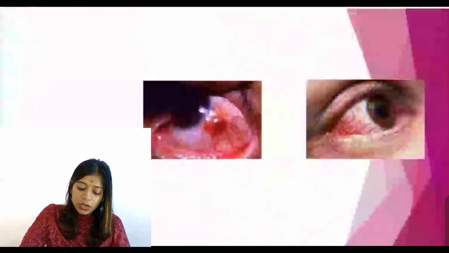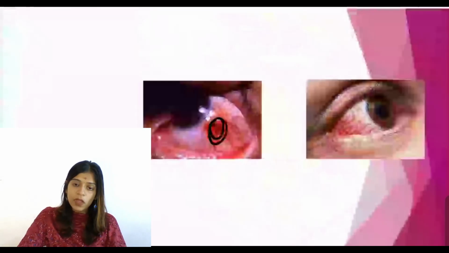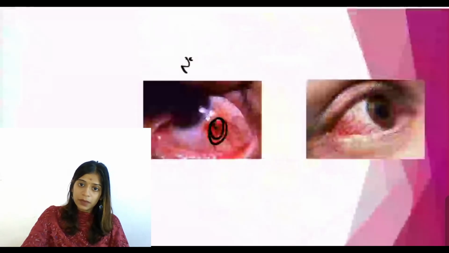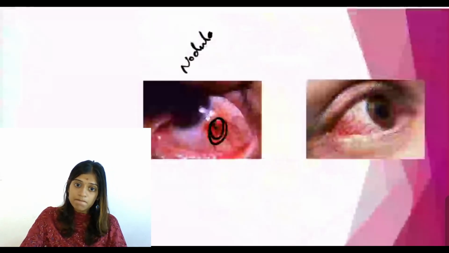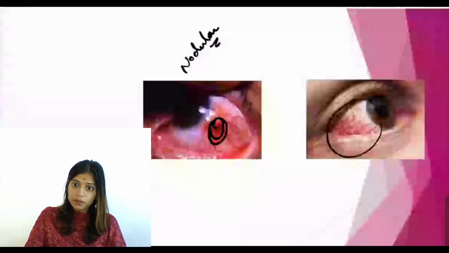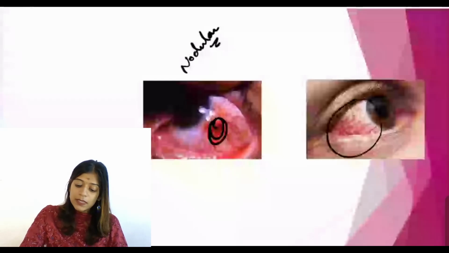This picture that you see here, you can see a nodule, right? This is called nodular episcleritis. And you can see this picture: this is diffuse episcleritis.